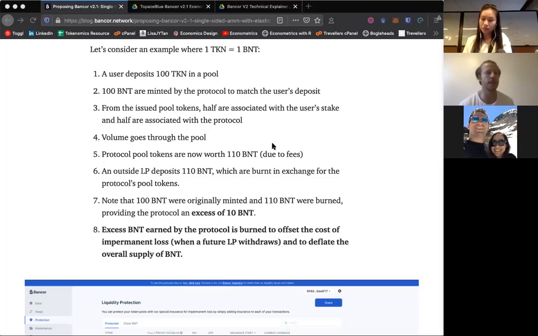V2.1 is a tough name because it implies that we're still using that, but we had to make some pretty drastic changes to the way these pools function. We think we ended up with something that really does deliver for LPs, no risk of impermanent loss. Okay, got it. Then that makes sense.